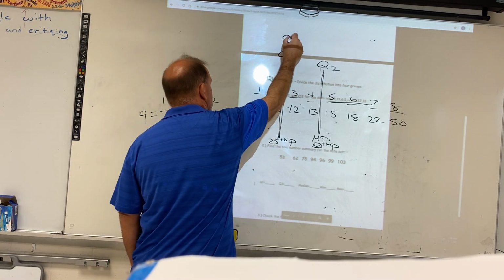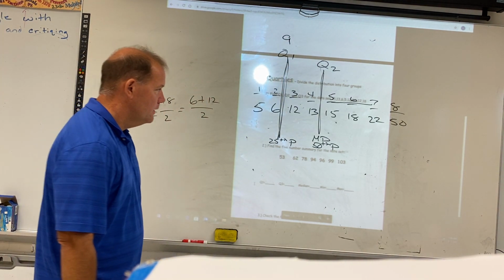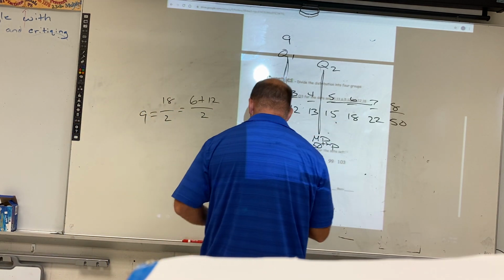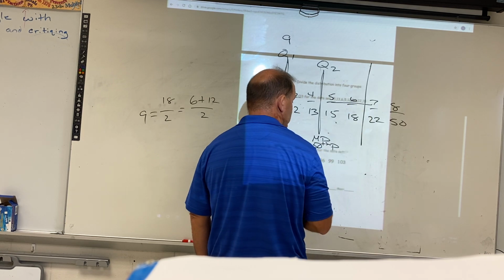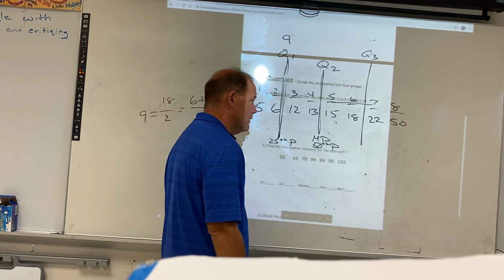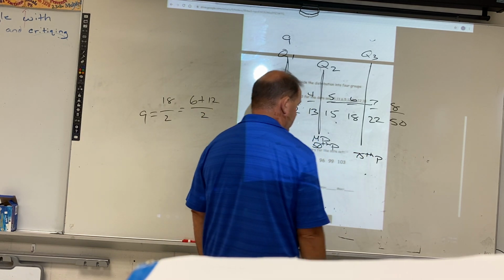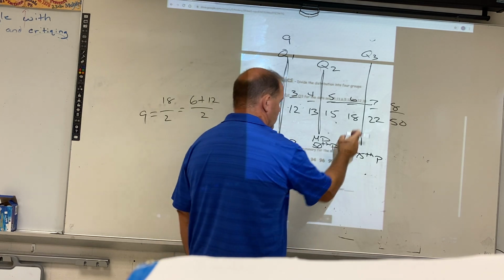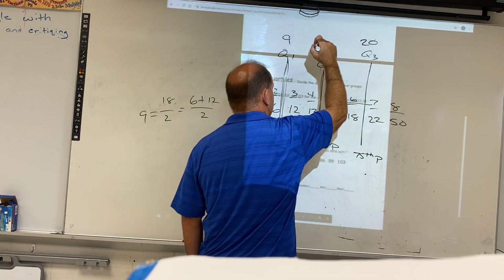So Q1 would be 9. If I do the same thing on the other side, these 4 numbers, where's the middle? That's going to represent quartile 3, or what we call the 75th percentile. So the average of 18 and 22 is going to be 20.